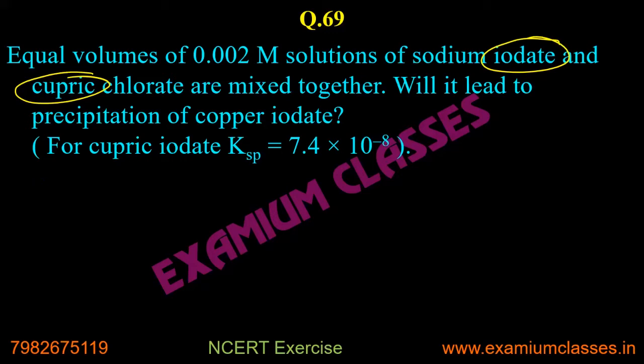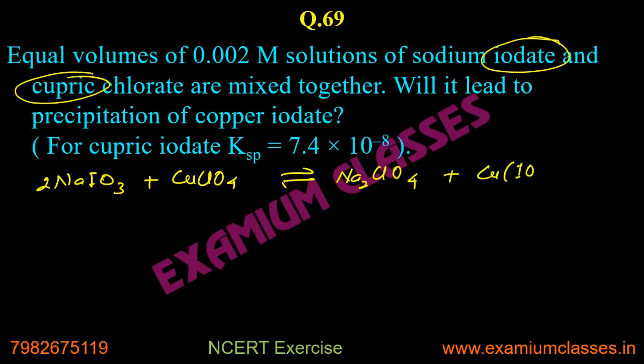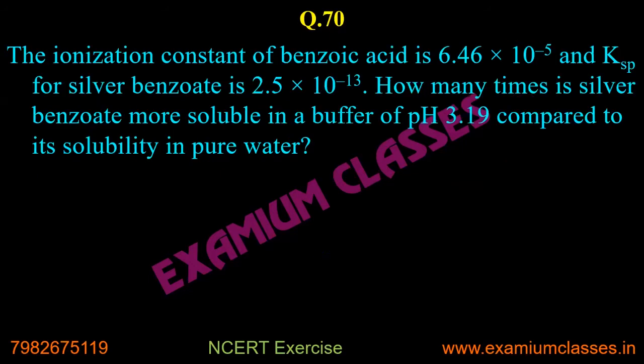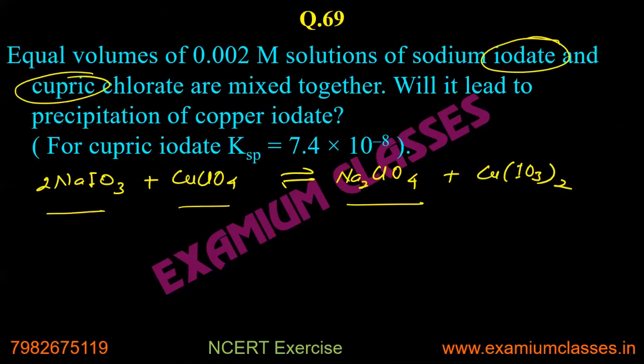So write down the reaction because I know many of you might not be knowing the reaction. Sodium iodate reacts with cupric chlorate to produce sodium chlorate and copper iodate.